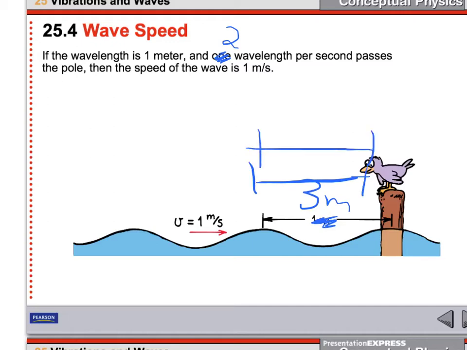So 2 of these 3 meter wavelengths. As you can see, we just multiply. I've got 3 meter long waves. I multiply them by how many pass in a certain amount of time, a second. That tells me the wave speed is actually going to be 6 meters per second.